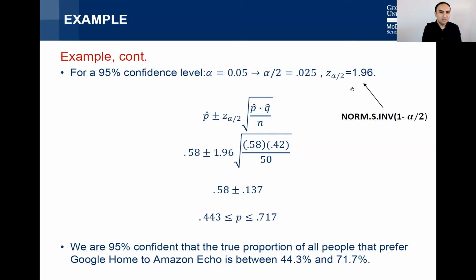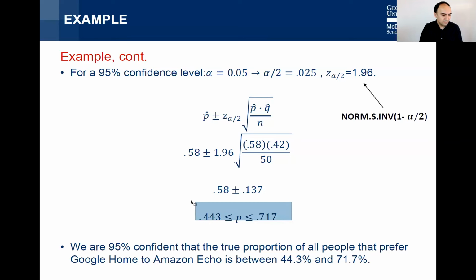You have seen in week number 5 and 6 some of these formulas, some of these tables. So these are just reminders at that point. So 0.58 was the sample estimate or point estimate, 1.96, check. P hat 0.58, Q hat 1 minus that, N 50, you plug these in, and this is what we get.